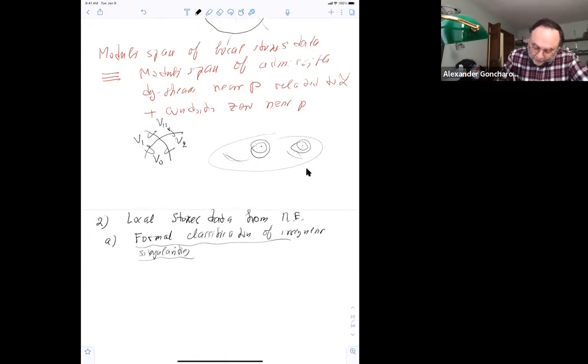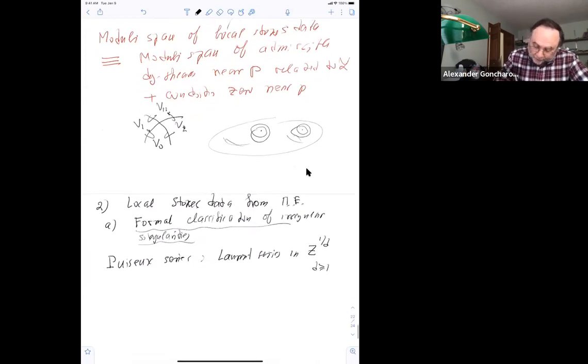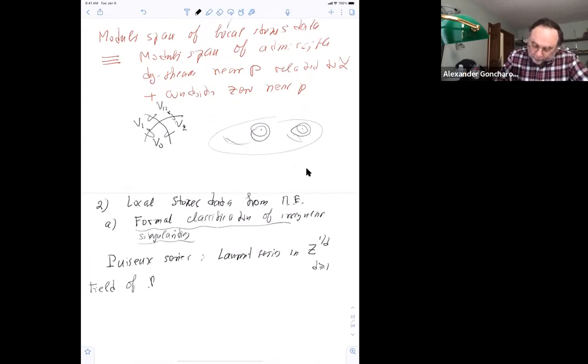So I need to remind you that we have the notion of Puiseux series. So what is a Puiseux series? It's a Laurent series in some fractional power of your local coordinate, z to the 1 over D. So D is an integer. And then we have a field of all Puiseux series.